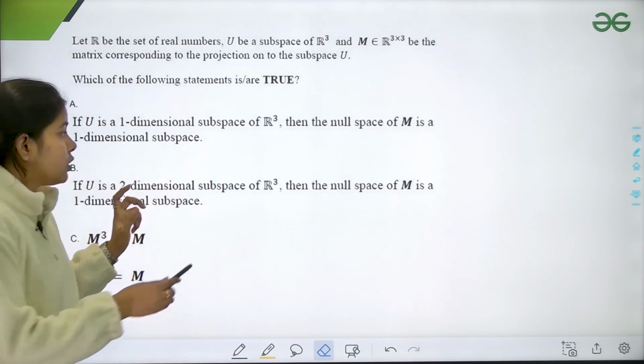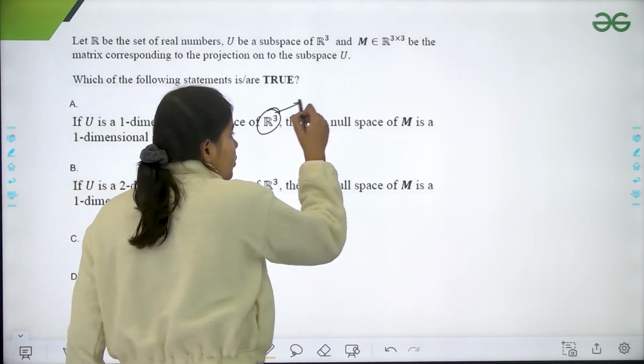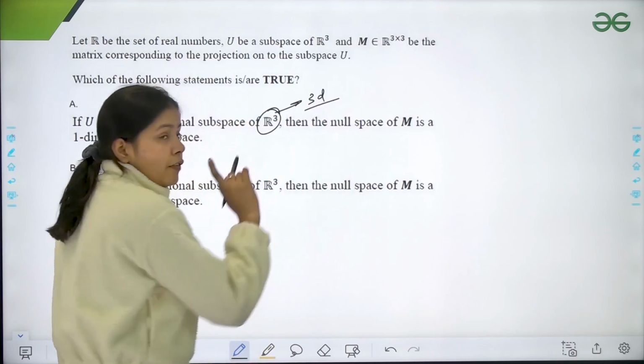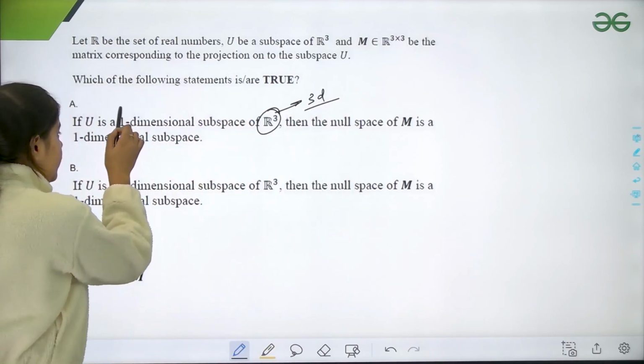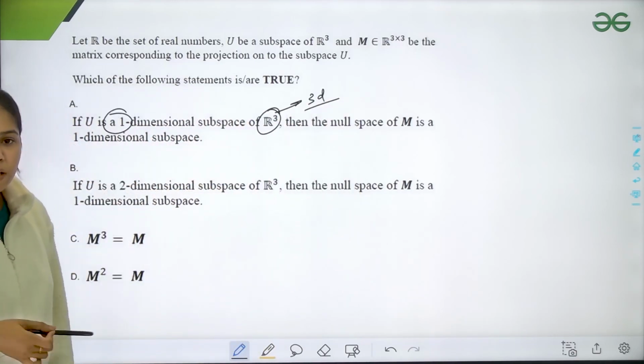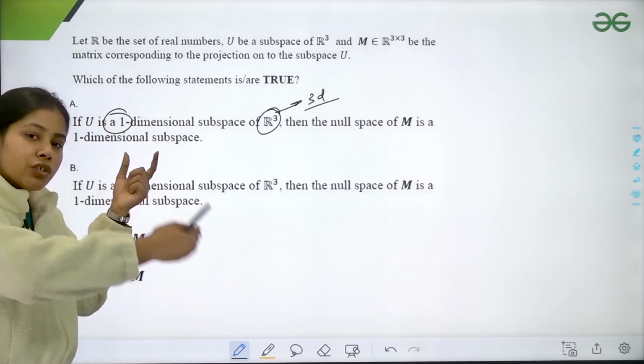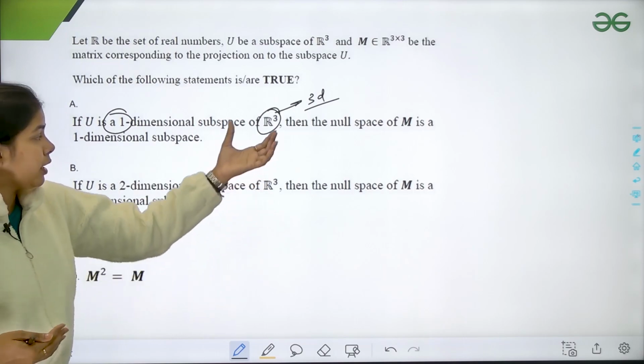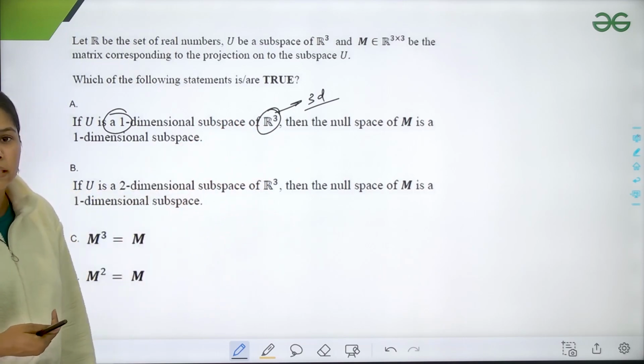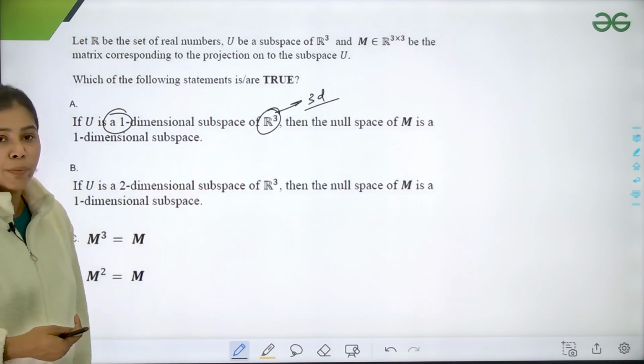That is wrong, because R cube is 3 dimensional. If U is 1 dimensional, then its null space would be 2 dimensional, because the dimension of a subspace plus the dimension of the null space equals the dimension of the main vector space, that is 3. So the dimension of the null space would be 2.